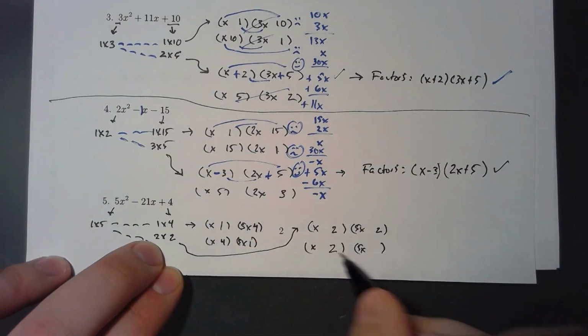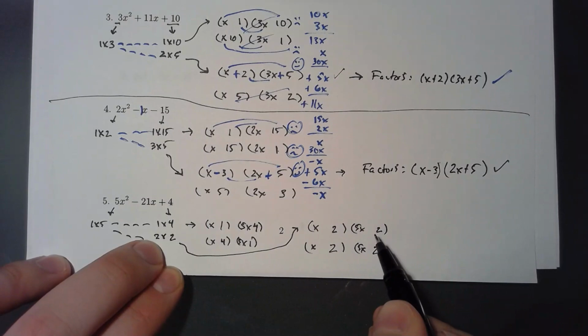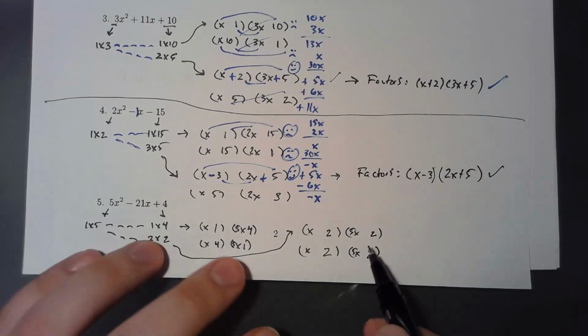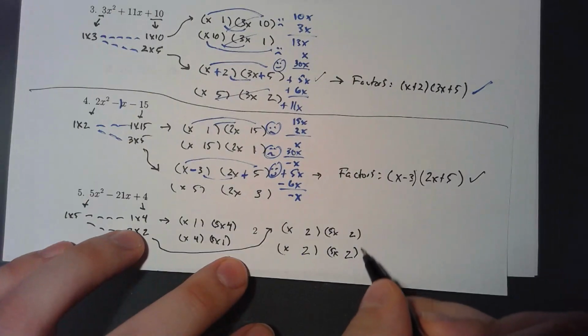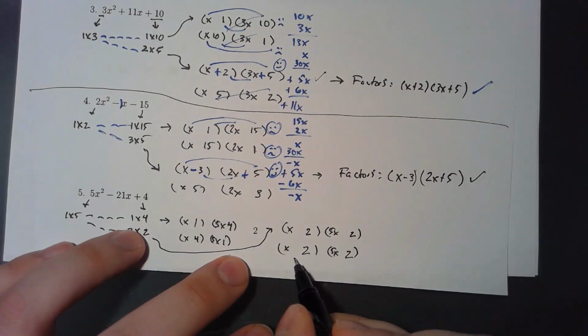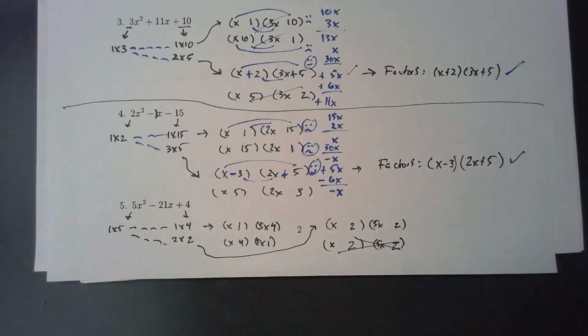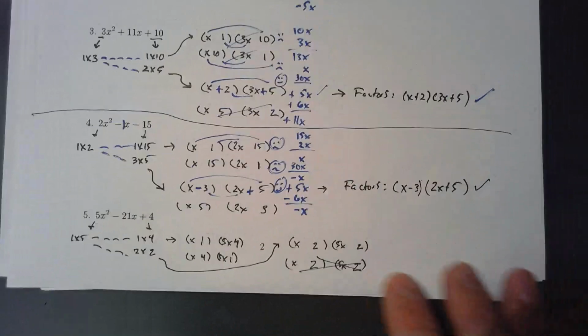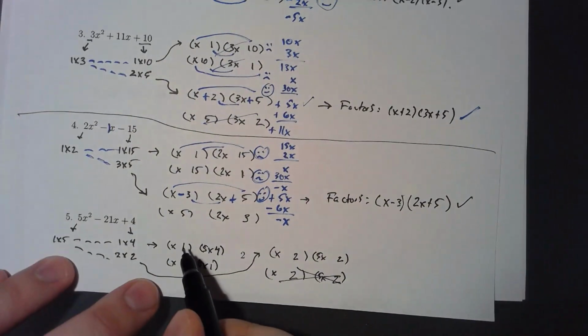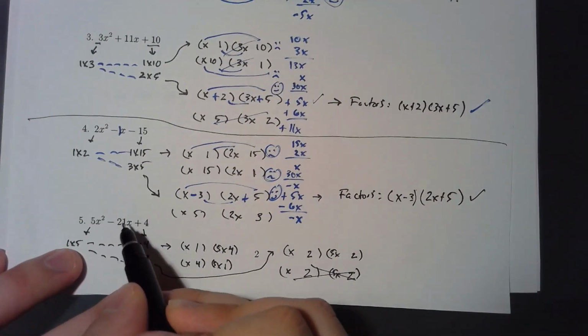So, actually, I end up getting a duplicate. Because of that, I could just get rid of one of them. I don't have to count for them twice. That happens from time to time. But if you go through the process, you'll see that. Alright. Now I just got to see which combination gives me negative 21.